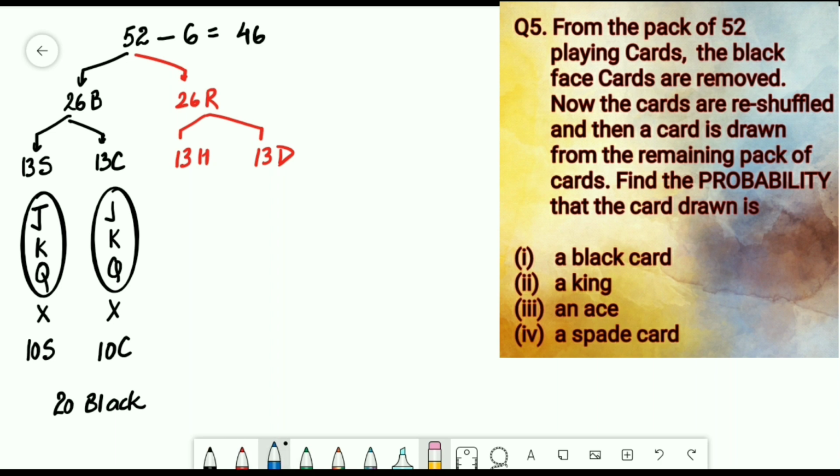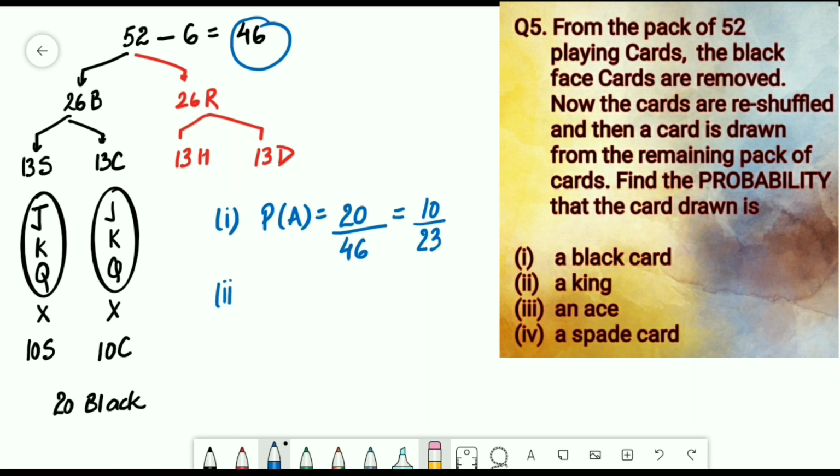Now we can start with our question. First part is the probability that the card drawn is a black card. Okay, in this case you have only 20 black cards, so probability is equal to 20, and the total number of all possible outcomes is equal to 46. So 20 upon 46, you can simplify this, so this comes out to be 10 upon 23.